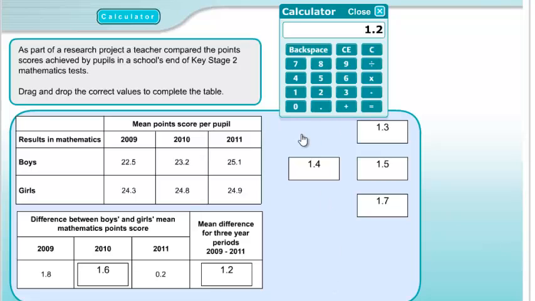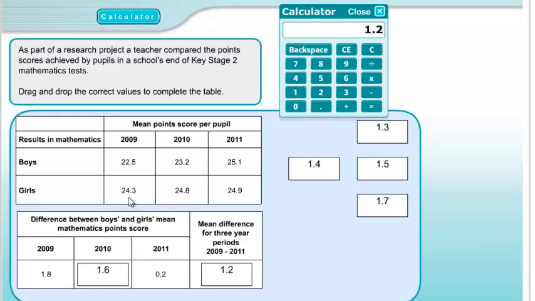I just wanted to point out they've actually made a mistake with this question, which is a bit unfortunate, and we can tell that with their answer to this question here. So their entry for the difference between the boys and the girls, they've put 0.2, and for me it should be minus 0.2. 24.9 minus 25.1, that's a minus 0.2, because that was the order they chose to do it for these first 2 years.